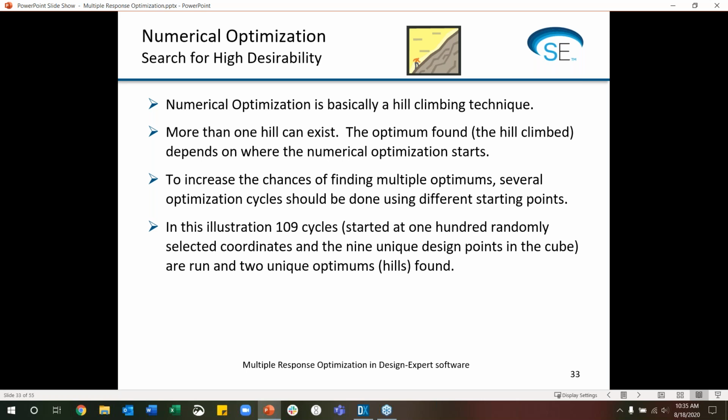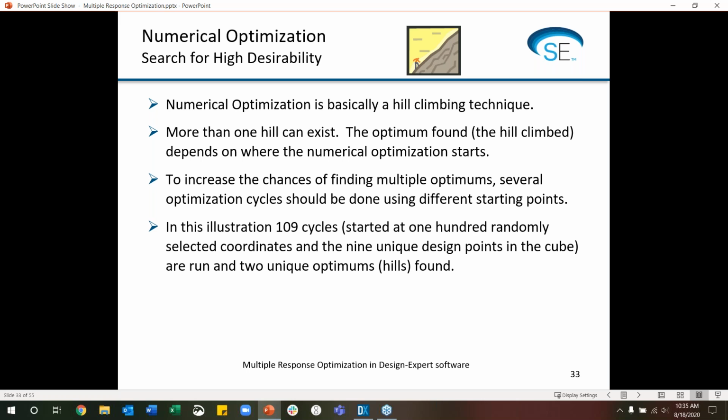To increase the chances of finding all the possible optimums, we do several optimization cycles. In this particular case, we have 9 unique design points in the design space. We use those, and then we add 100 additional randomly selected coordinates to be starting points.